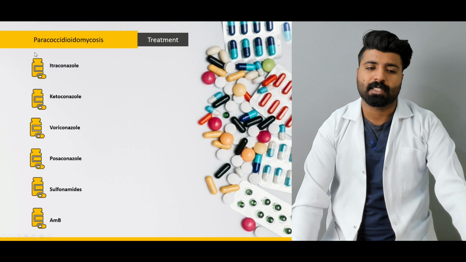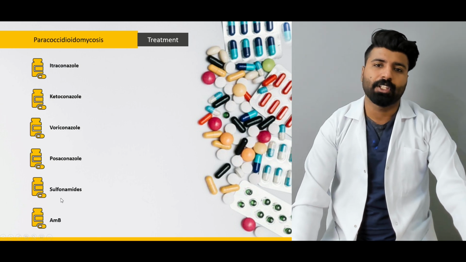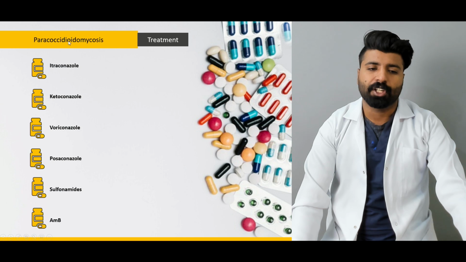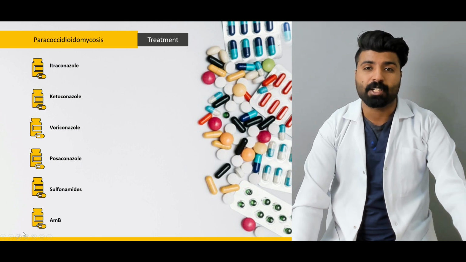We have seen that itraconazole was used in sporotrichosis too. We see that amphotericin B was used too, but all these groups were not used, and they're only used in paracoccidioidomycosis, right? So itraconazole, ketoconazole, voriconazole, posaconazole, sulfonamide, and amphotericin B are the treatment drug options for this pathology.